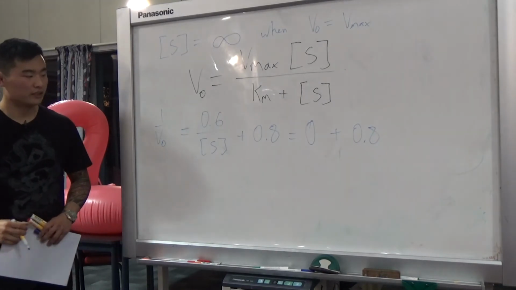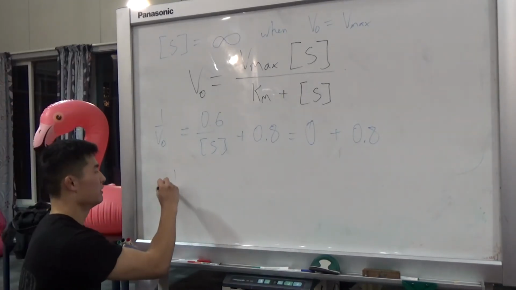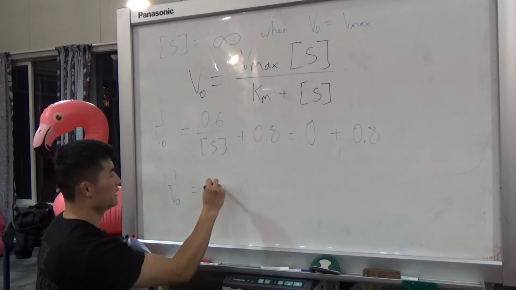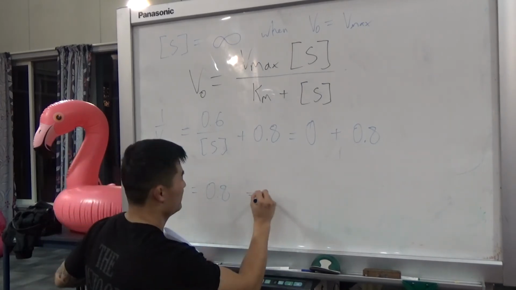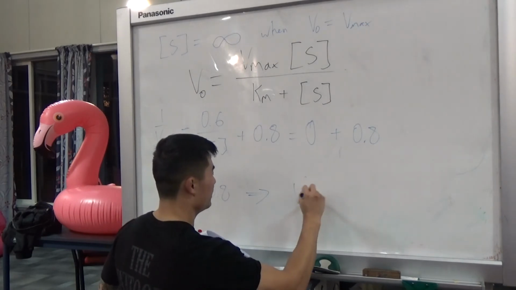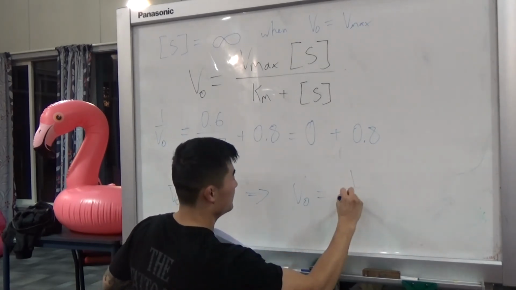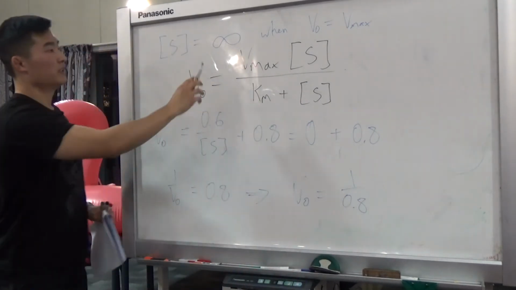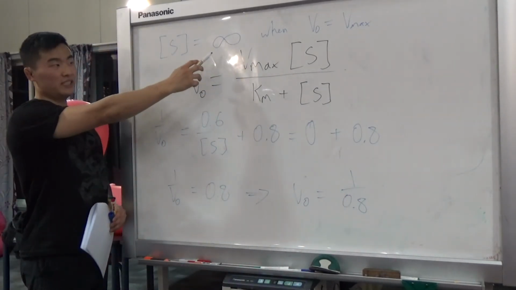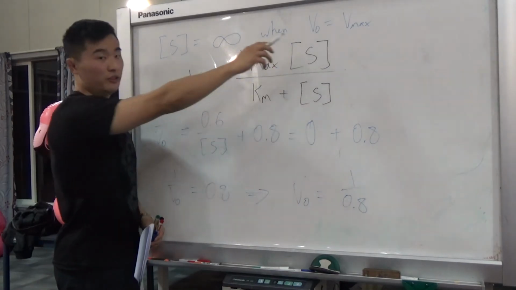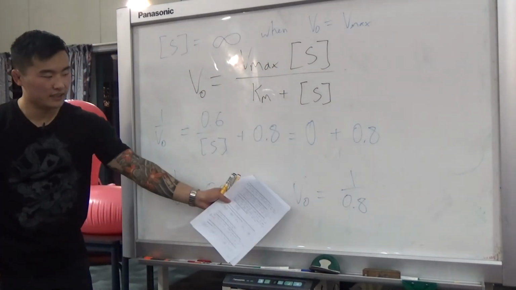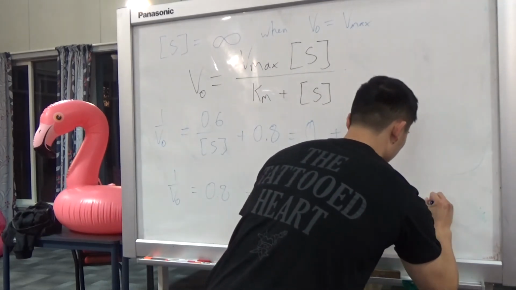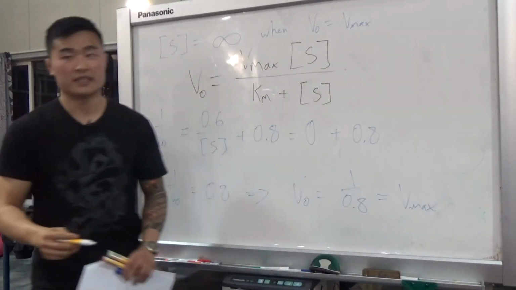Okay, so what that means is 1 over V0 is equal to 0.8, and so then V0 is equal to 1 over 0.8. And remember that when substrate concentration is infinity, the V0 is equal to the Vmax, so that means that this is going to be your Vmax. Okay?